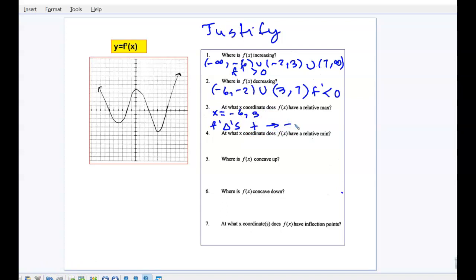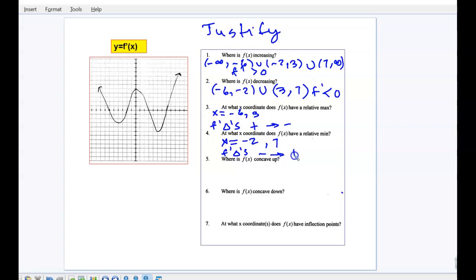Where does our function have a relative min? That's going to be where the derivative changes from negative to positive. So at x equals -2 and at x equals 7. And again, that would be where f prime changes from negative to positive.